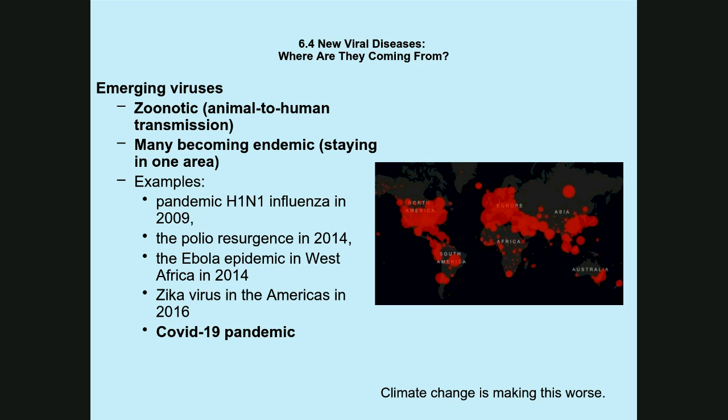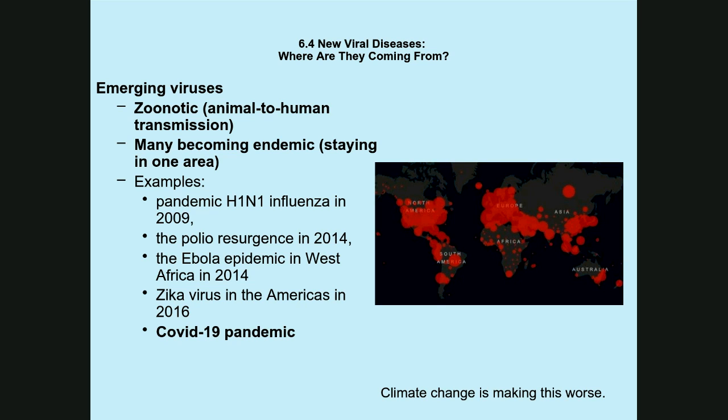Oh, I do want to mention that climate change is making it worse, and we're having more trouble controlling the spread of viruses as climate change warms up climates. So one example is the spread of mosquitoes. Okay, if mosquitoes carry certain viral diseases, which they can, as the Earth warms up, those mosquitoes can travel farther and farther away from the equator, and so we will see more of those occurring.